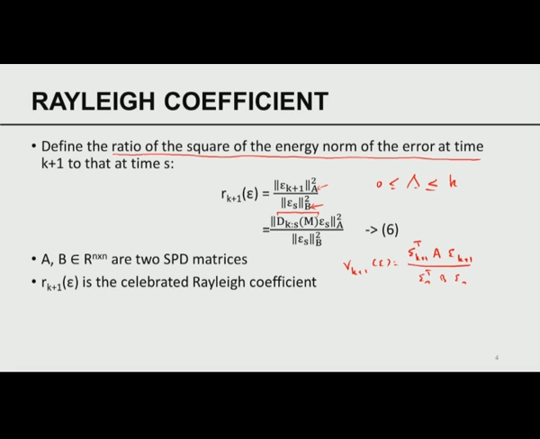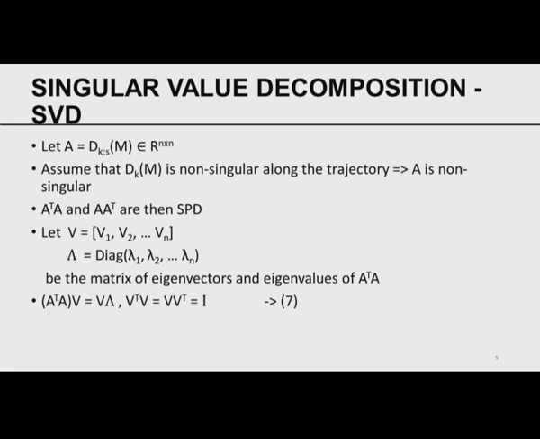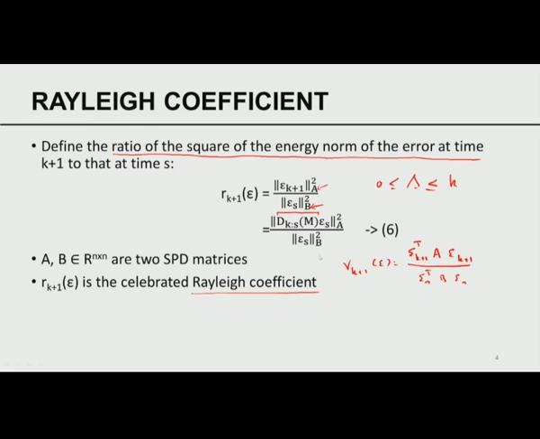So A and B in general are two symmetric positive definite matrices. This ratio is called the celebrated Rayleigh coefficient in matrix theory, and that's a very useful measure for us to be able to consider predictability analysis. So I would like to understand the behavior of this ratio.